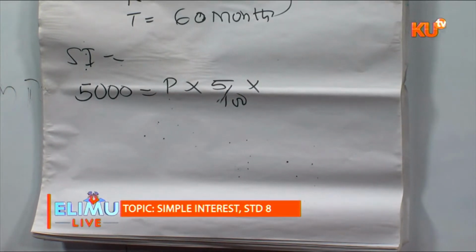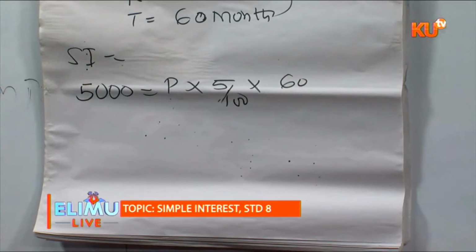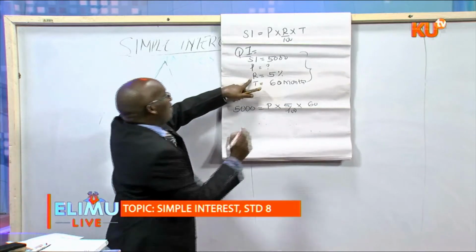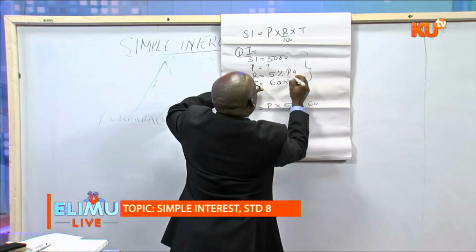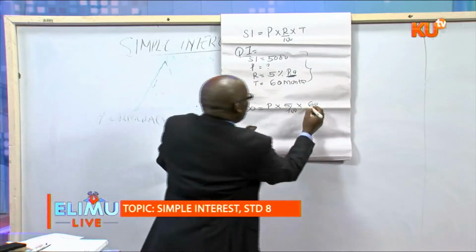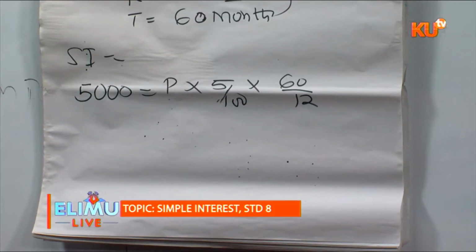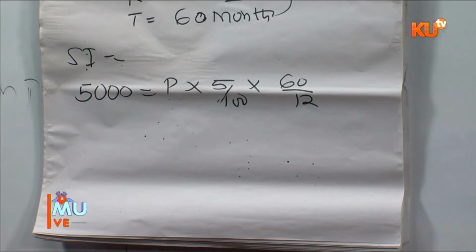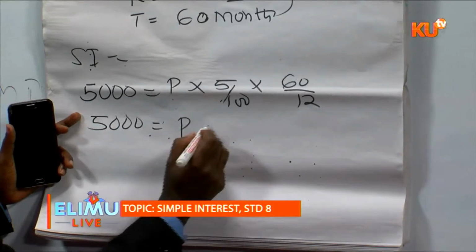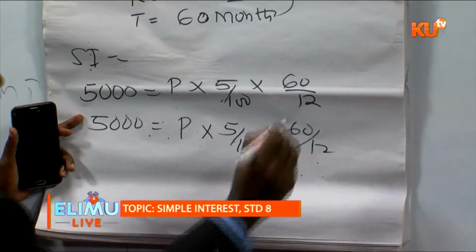Is the time given? Yes, the time is given as 60 months. But you see, when you're calculating interest, the rate given here is 5% per annum. So divide the 60 months by 12. And so we go to the next step. 5,000 equals P times 5 over 100 times 60 over 12.